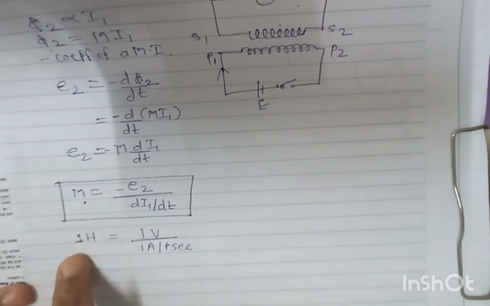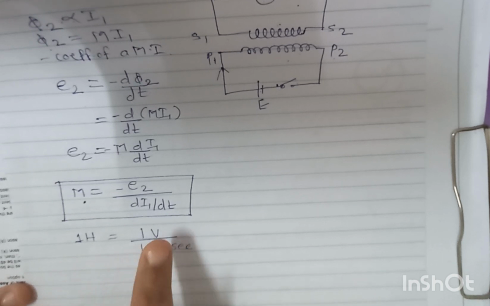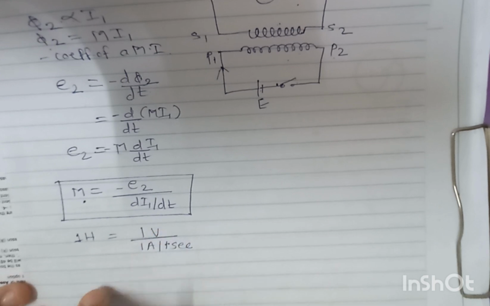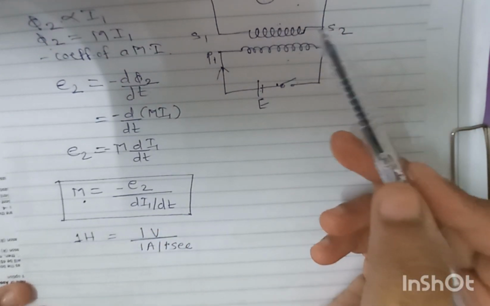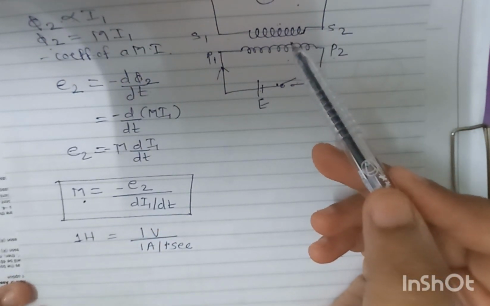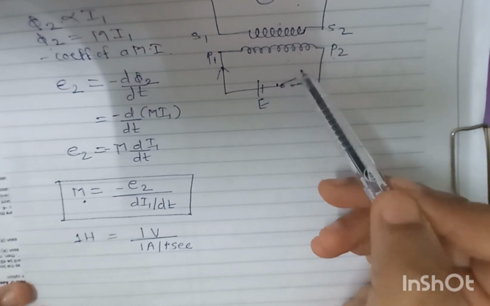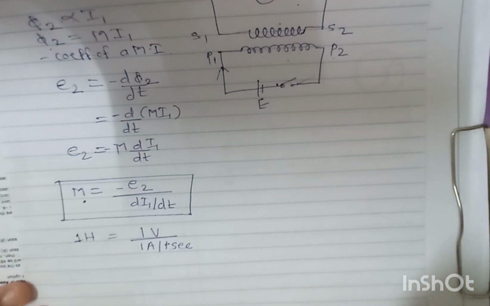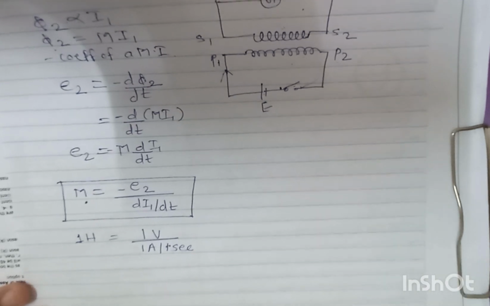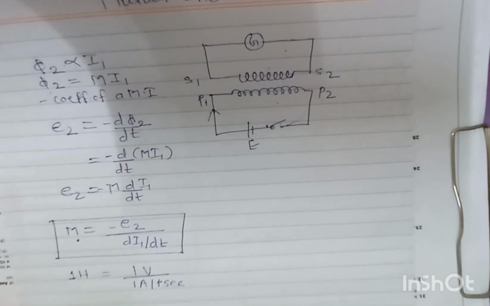Then how do we define 1 Henry? Mutual inductance is said to be 1 Henry if an EMF of 1 volt is induced in the secondary coil provided the rate of change of current in the primary coil is 1 ampere per second. Like this we have to define the coefficient of mutual induction.